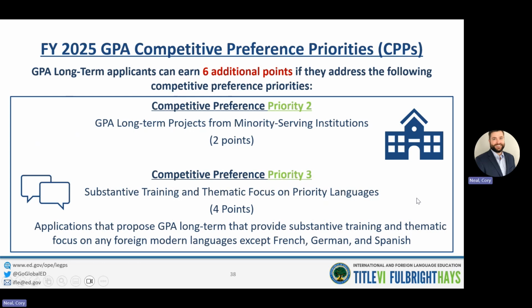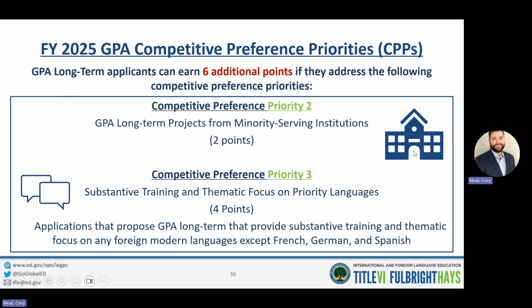Keep in mind here, substantive training and thematic focus. If you are merely incorporating some language training, as part of your pre-departure orientation, for example, and not really including it for the rest of the project, well, you're not going to be eligible here.